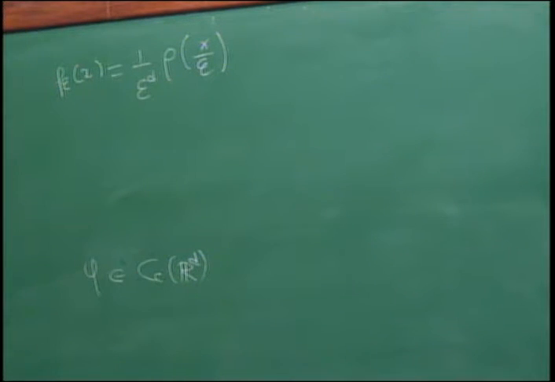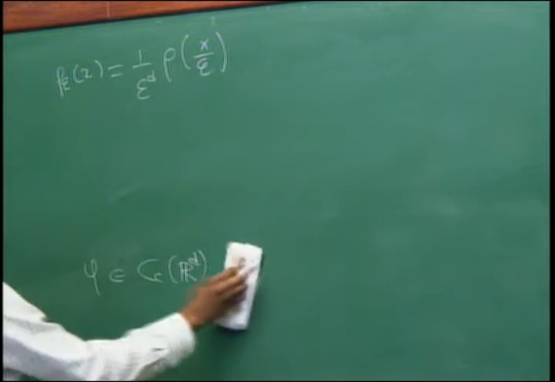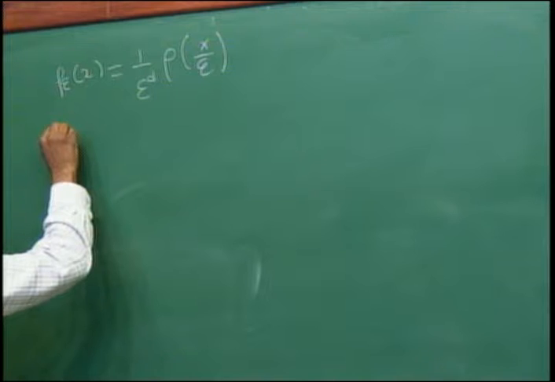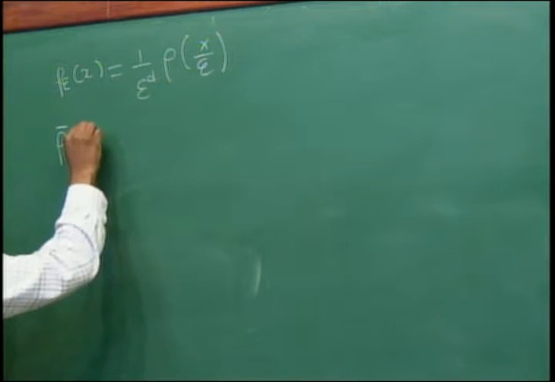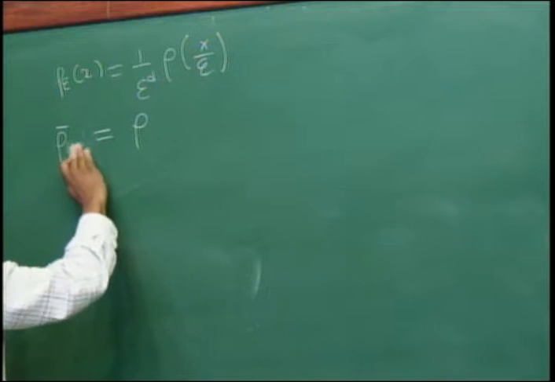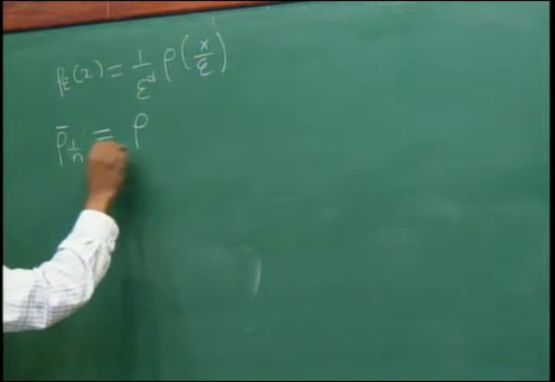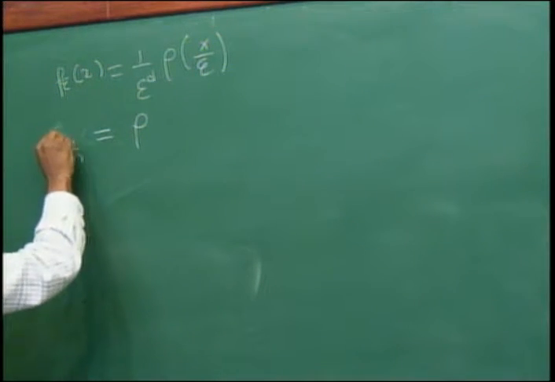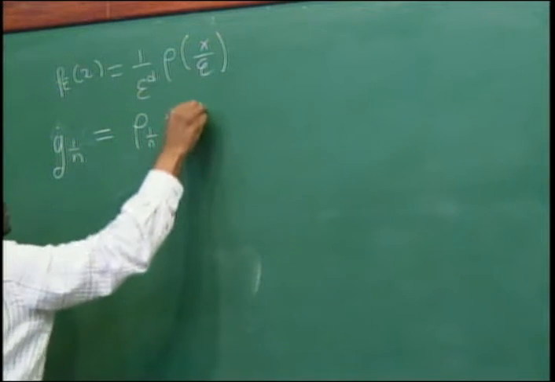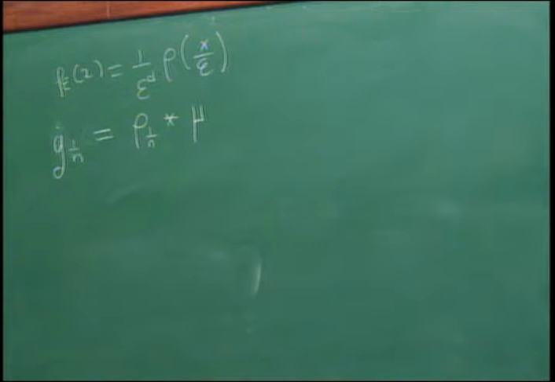And define g_n, which is the convolution of rho_{1/n} with mu.